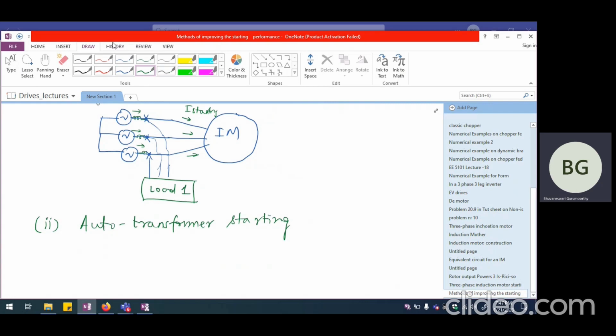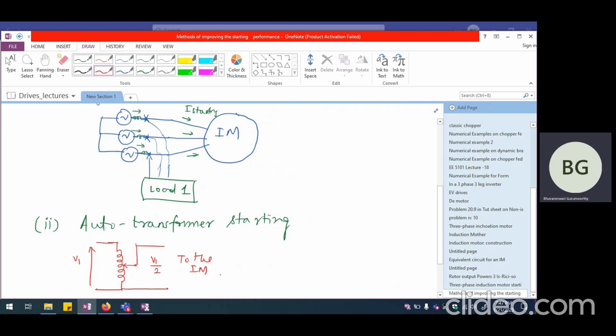In some industries, if this is the transformer getting the incoming power supply, we may tap a particular amount of voltage, maybe 50% of the voltage from the transformer, so that instead of applying the entire voltage V1, we apply only V1 divided by 2 to the induction motor.